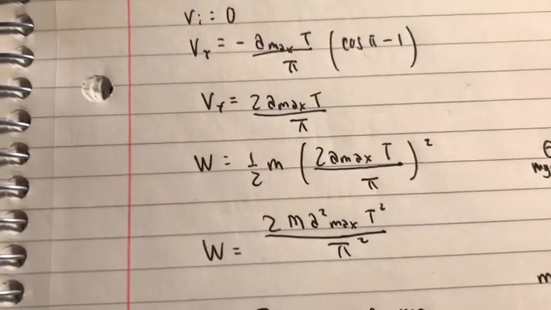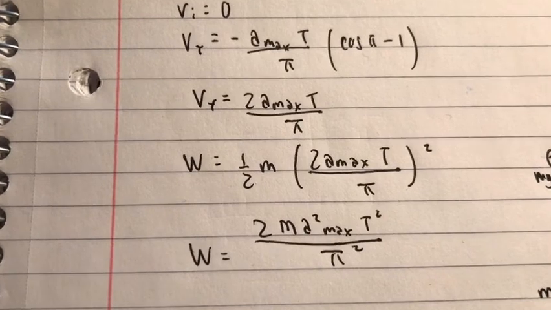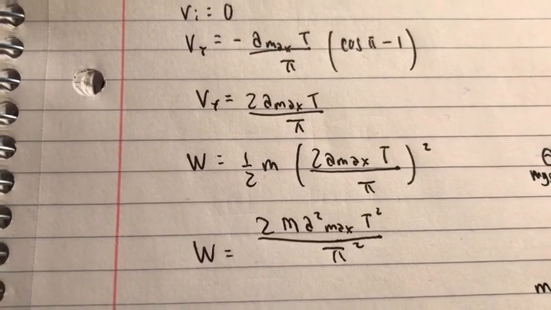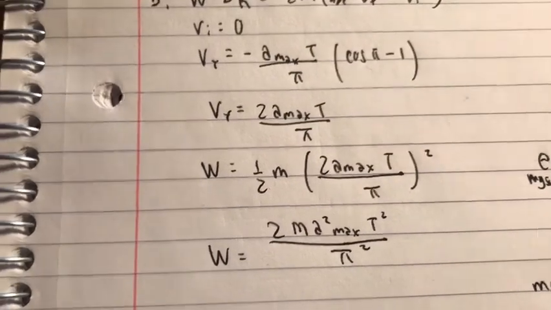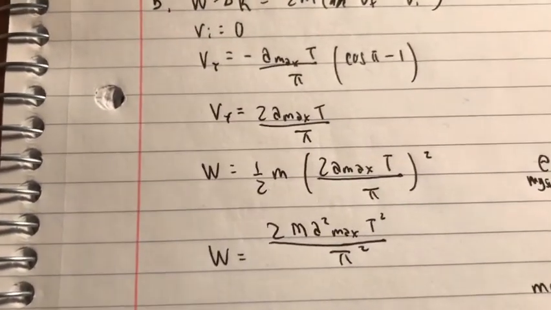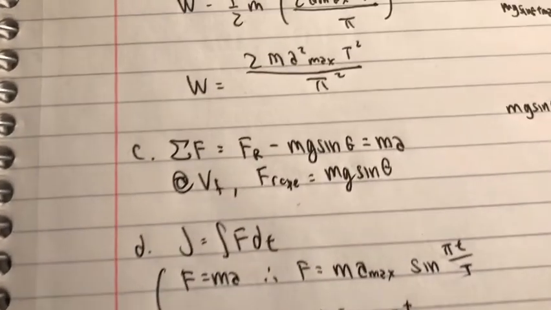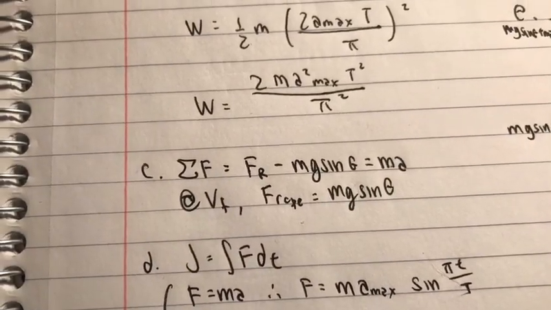And so then after doing the math, we get 2 m a max squared big T squared over pi squared is equal to the work.